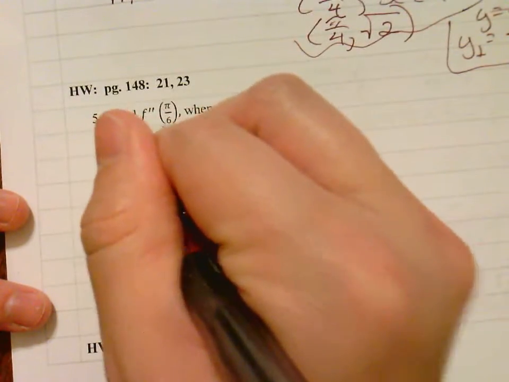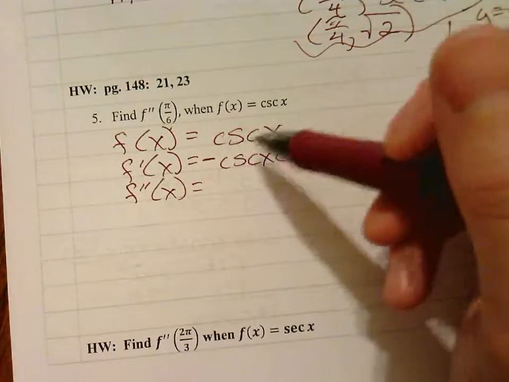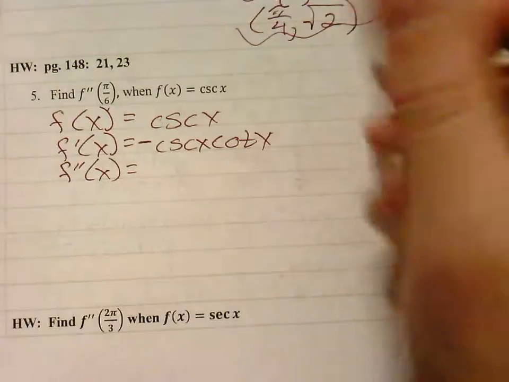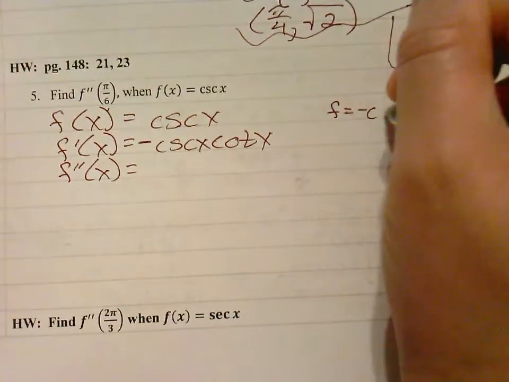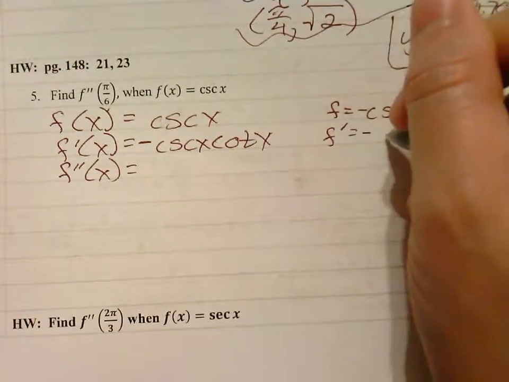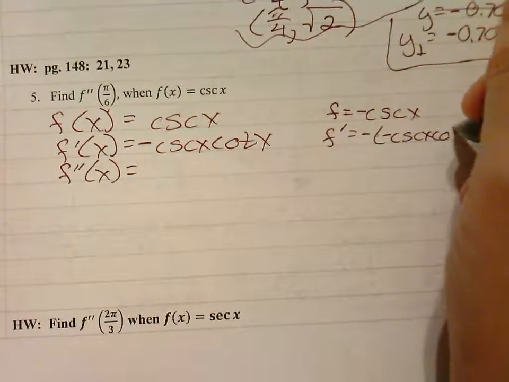F double prime, you're going to need to use the product rule. So you can either leave that negative out in front or put it in with your first derivative, which is what I'm going to do. It just makes it easier. Negative cosecant x. So f prime is going to be negative times negative cosecant x cotangent x.